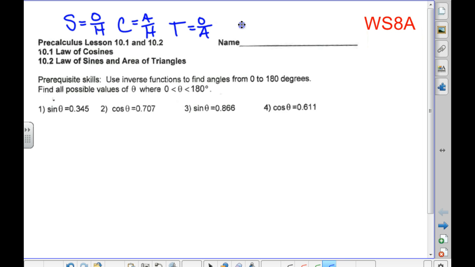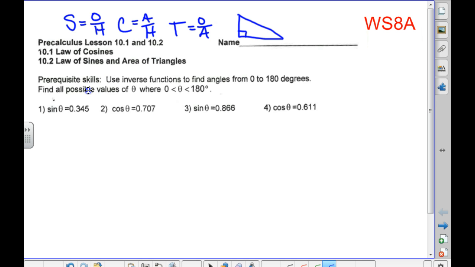But this only worked when we had a hypotenuse, which meant it was what kind of triangle? A right triangle, right? These laws don't work. Sine equals opposite over hypotenuse, those ratios don't work unless you have a right triangle.